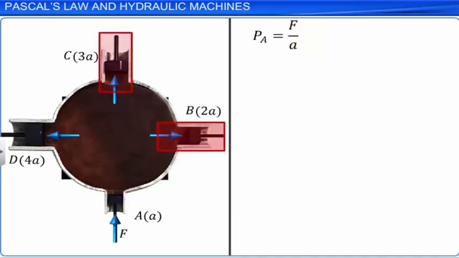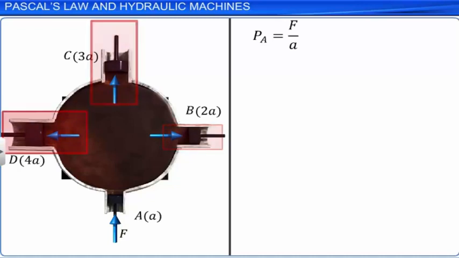However, pistons B, C and D can be held in their position only when the forces applied on them, that is, FB, FC and FD are equal to 2F, 3F and 4F respectively.